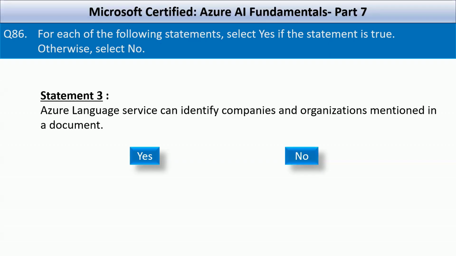Now, friends, the third statement is Azure Language Service can identify companies and organizations mentioned in a document. This is a correct statement. This is done through the named entity recognition feature in text analytics, which is part of the Azure Language Service.